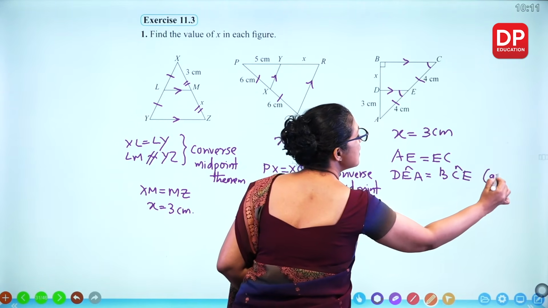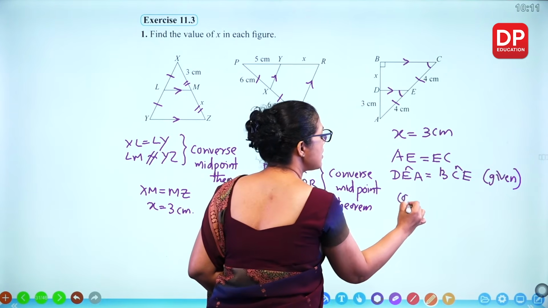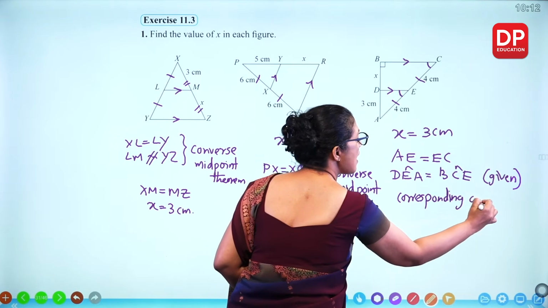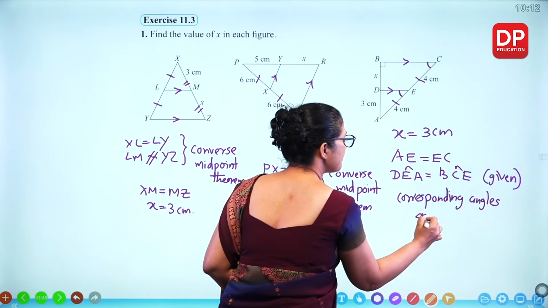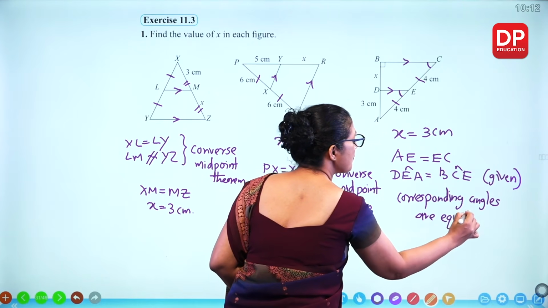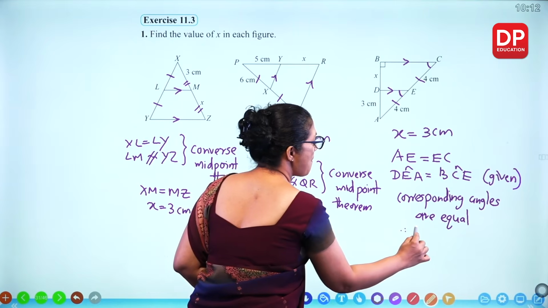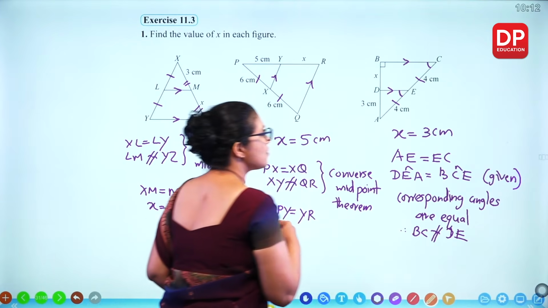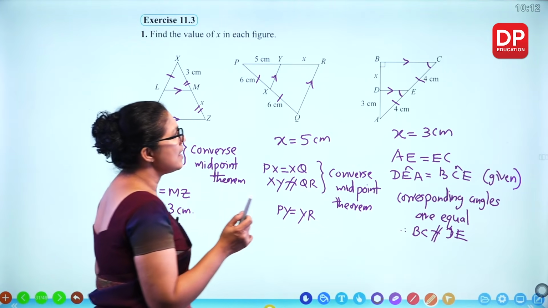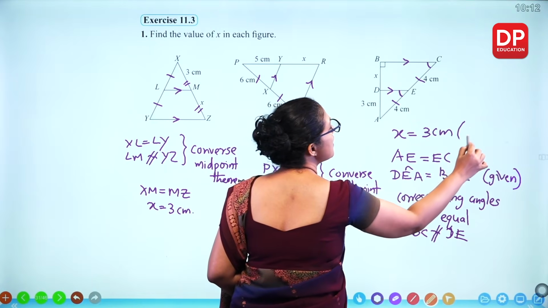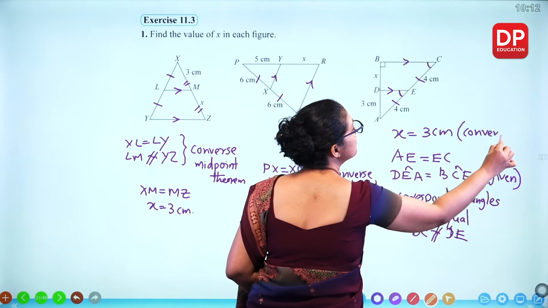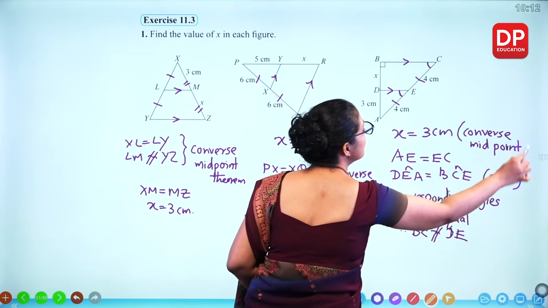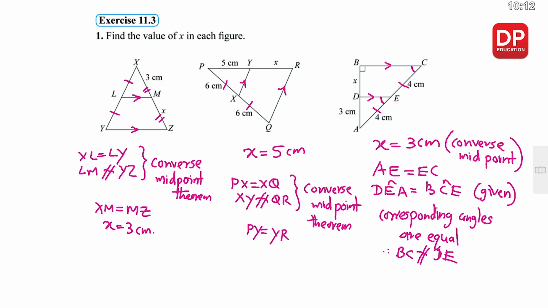It's given, and corresponding angles are equal. Therefore we can say BC is parallel to DE. Then you can use the converse midpoint theorem to find the x value.